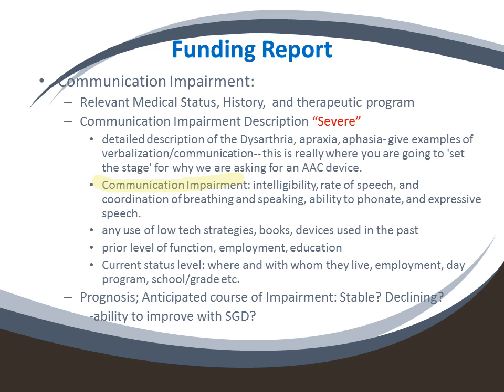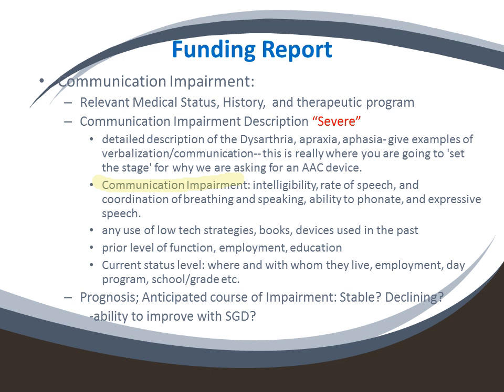Okay, so the use of low-tech strategies, communication books or boards, anything in the past, you want to make sure you're able to document that. Prior level of function, current status, their prognosis.